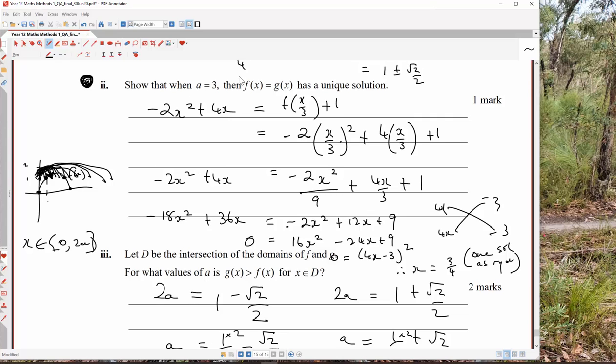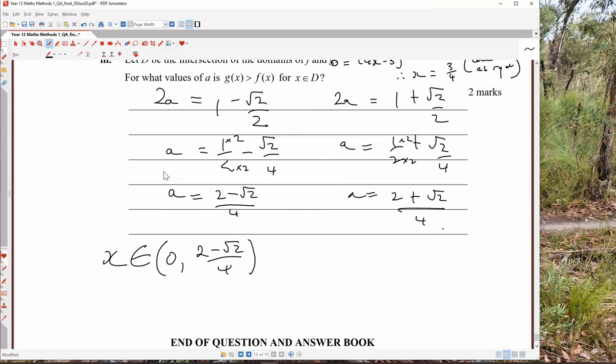Okay, so this one here, show that when a is equal to 3, f of x equals g of x has a unique solution, and that's going to be at this point here at x is equal to 3/4. So what happens is you'll dilate enough that this point here will end up touching the graph here below it, and after that it'll start to intersect it. I'll try to demonstrate this with GeoGebra in a sec.